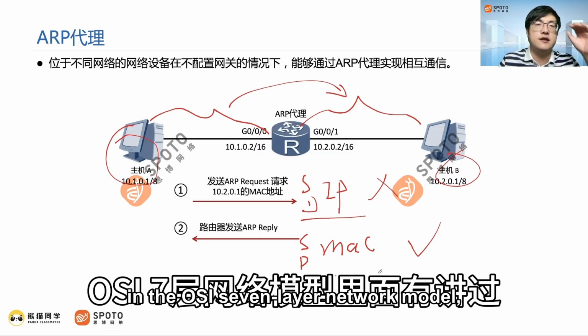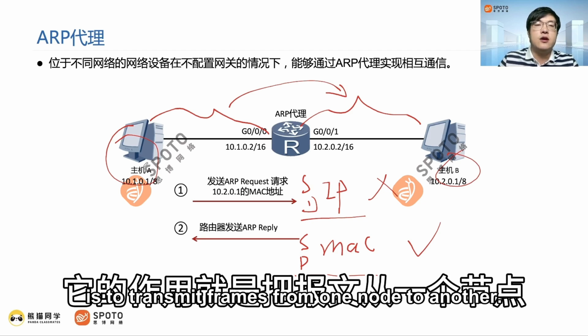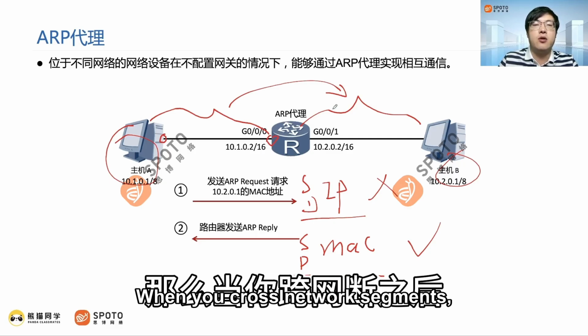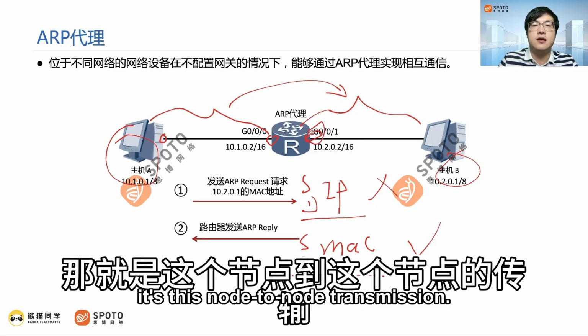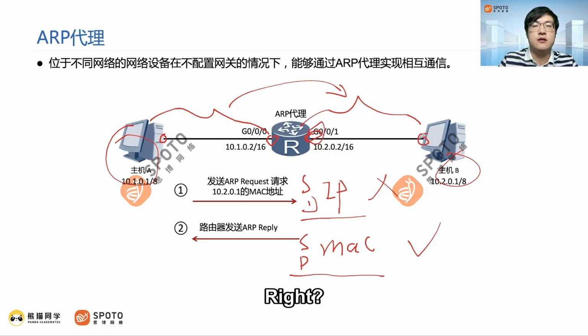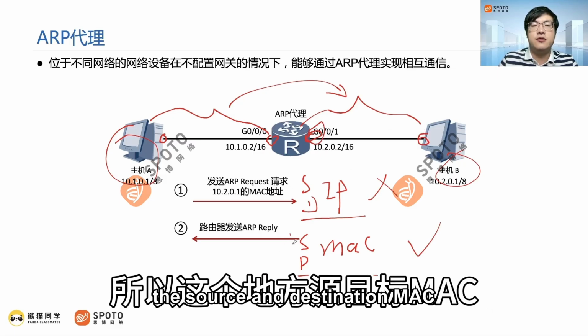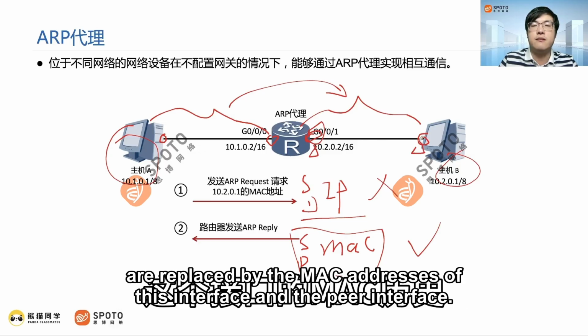We mentioned before, in the OSI 7-layer network model, the role of the data link layer is to transmit frames from one node to another. When you cross network segments, within this link, it's node-to-node transmission. So here, the source and destination are replaced by the MAC addresses of this interface and the peer interface.